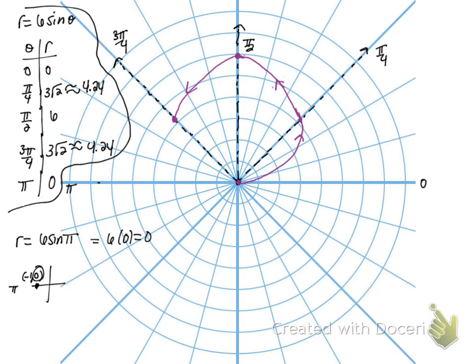And so now I'm going to be right back at the pole, because we're looking at pi, which is right here, and then 0 means our r is 0, so I'm counting 0 circles out. And so I would connect my circle. So we still get the circle. I'm going to clean it up a little bit here. So we're still able to do that and plot it simply by picking thetas that are pretty easy for us to work with and then just plotting them, and then we can generate our circle that way.